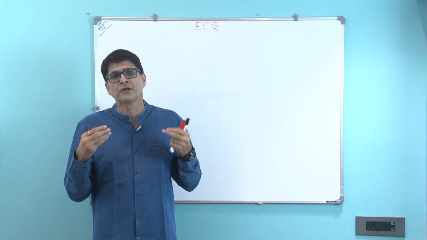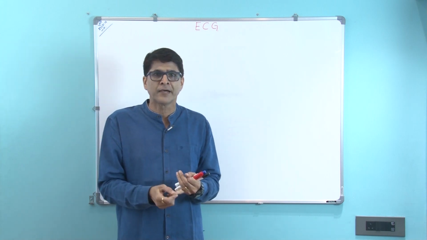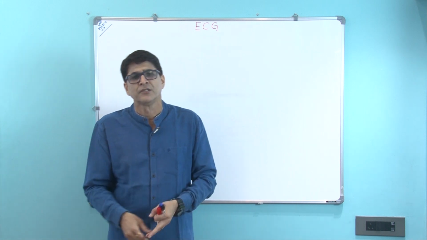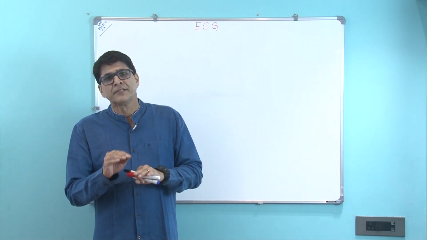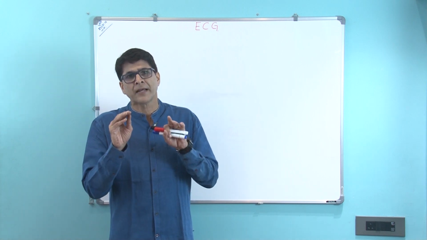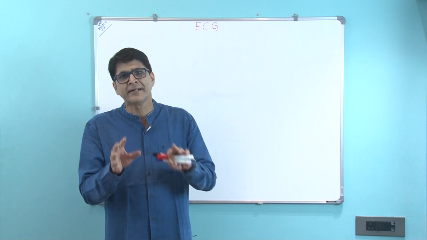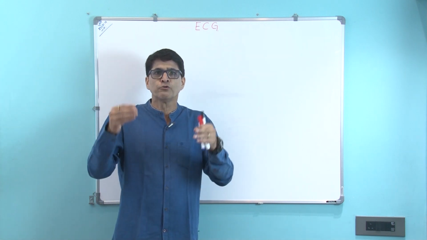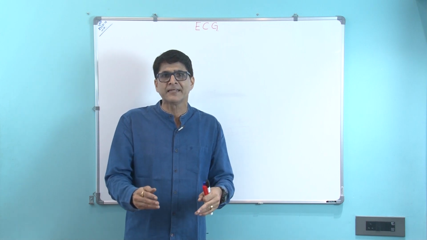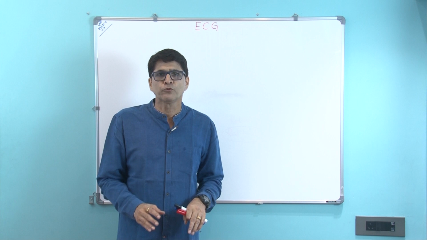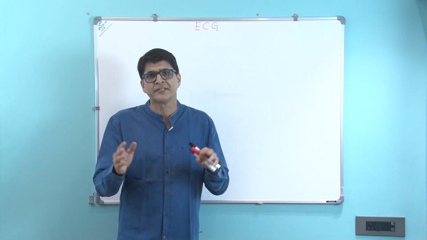Even in today's generation, even if you do 2D echocardiography or angiography, till today there is no substitute. ECG has no substitute, and over a period of 100 years it remains the same. There is no new advantage. The waves which were detected earlier, like P, Q, R, S, T and U, are the same today which were there 50 to 100 years back.